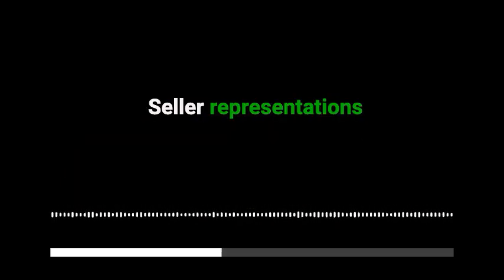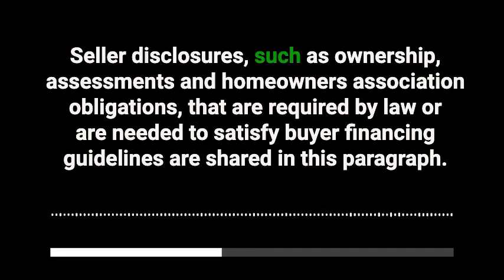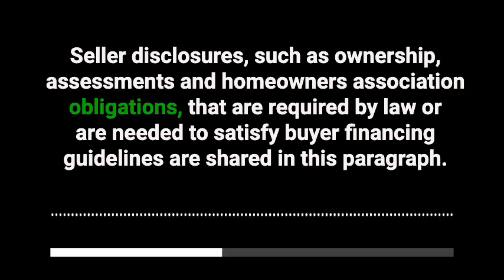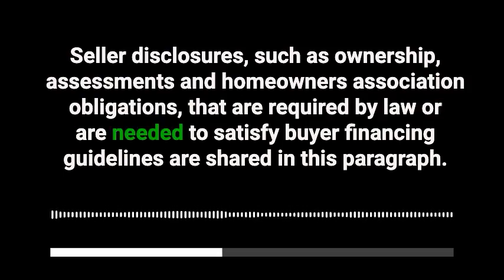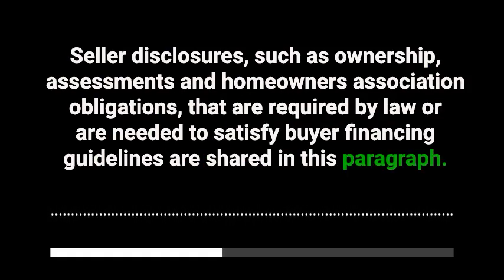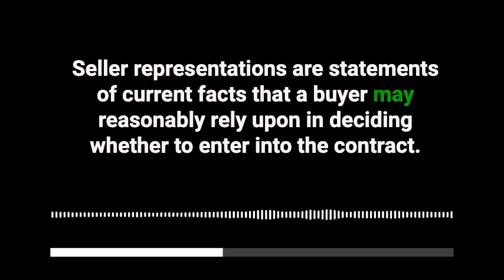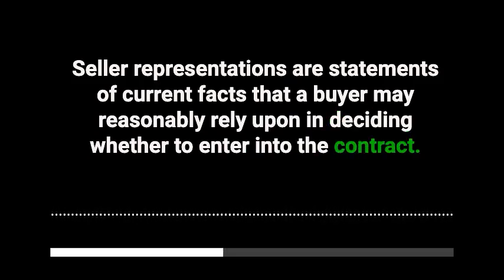Seller representations. Seller disclosures, such as ownership, assessments, and homeowners association obligations that are required by law or are needed to satisfy buyer financing guidelines, are shared in this paragraph. Seller representations are statements of current facts that a buyer may reasonably rely upon in deciding whether to enter into the contract.